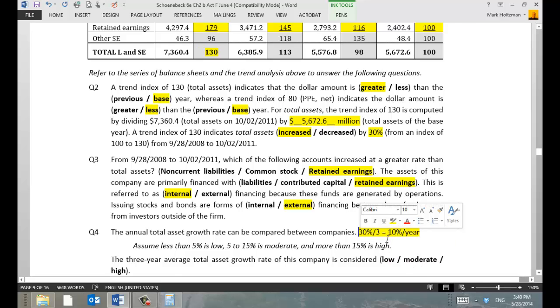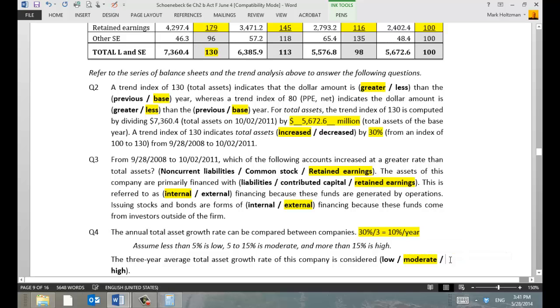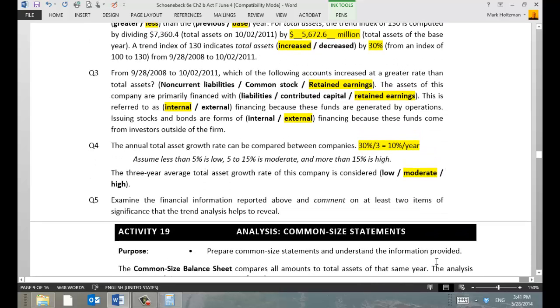So therefore, what would you call this? Would you call it low, moderate, or high growth? Moderate. This is per year. It's 10% per year. So 5 to 15% is considered to be moderate, and this would be considered to be moderate level growth. Which surprises you, right? Because you think Starbucks is a hot stock, kind of.